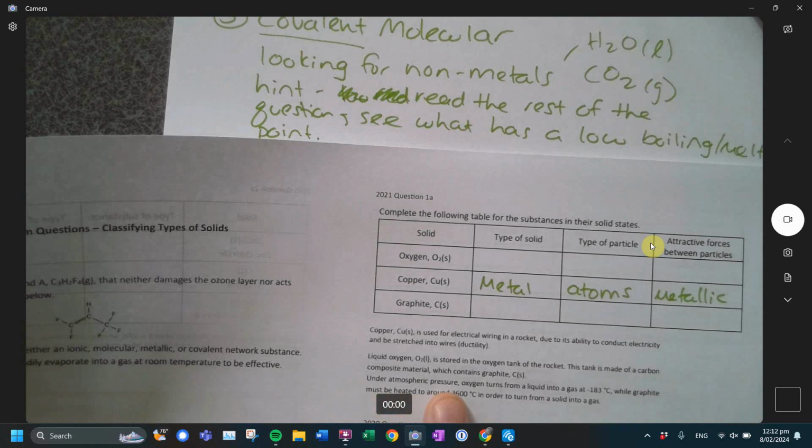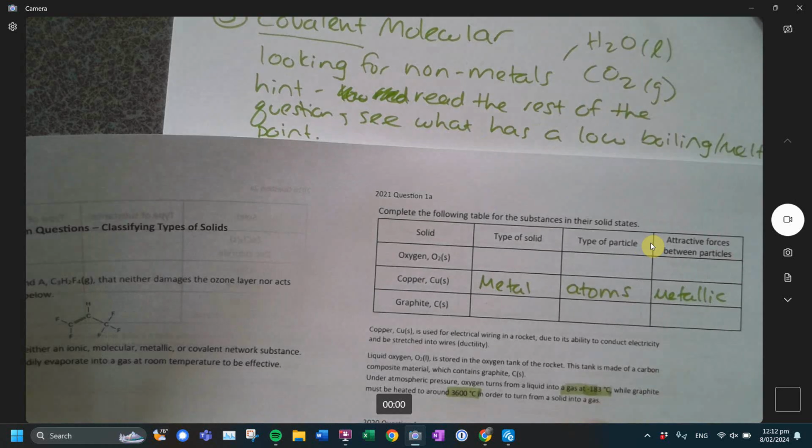Under atmospheric pressure, oxygen turns into a liquid at negative 183 degrees Celsius. So what that tells me is that, at room temperature, that's going to be a gas. Yeah? And not a solid. Whereas graphite needs to be heated to 3,600 degrees Celsius for it to go from a solid to a gas.